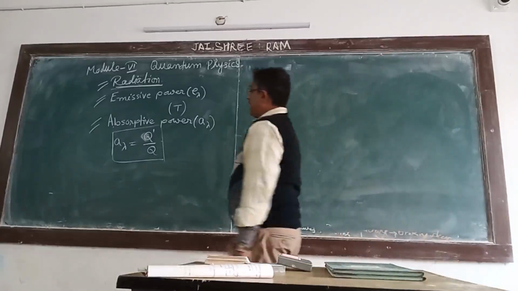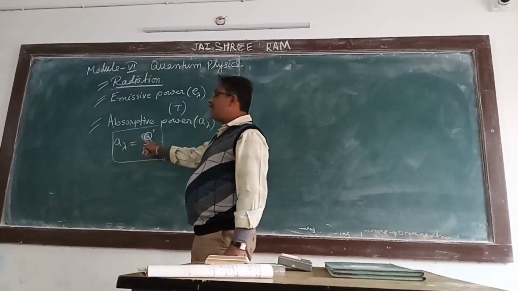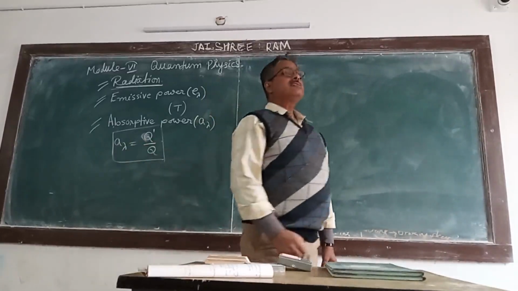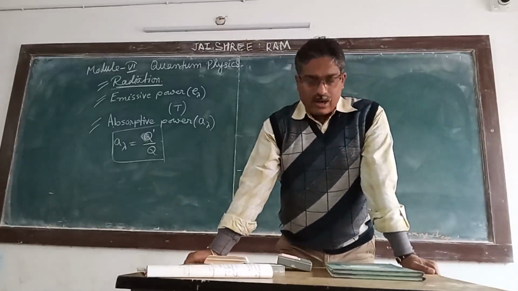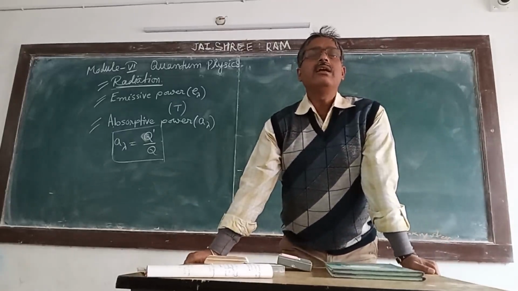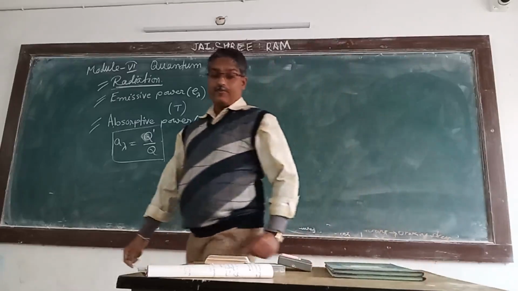So you can see that A lambda is always less than 1, because Q dash is always less than Q. Q dash is the heat absorbed by the body and Q is the heat incident on the body. Okay, so this is the absorptive power.